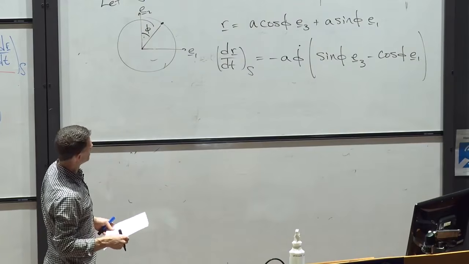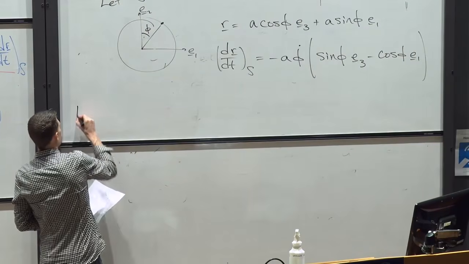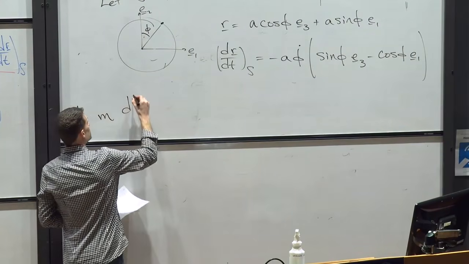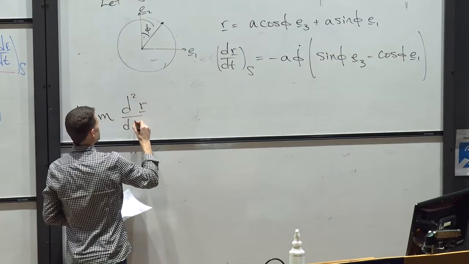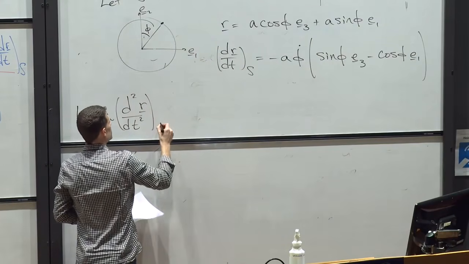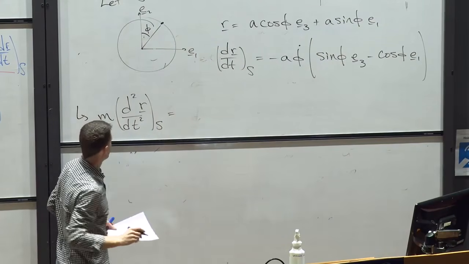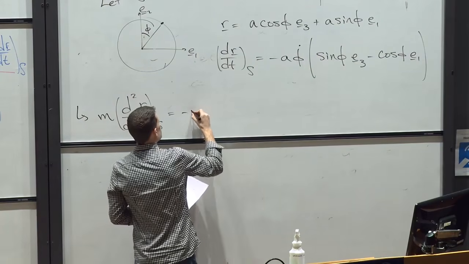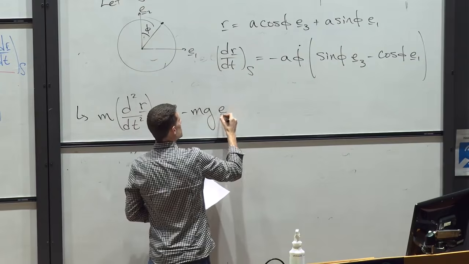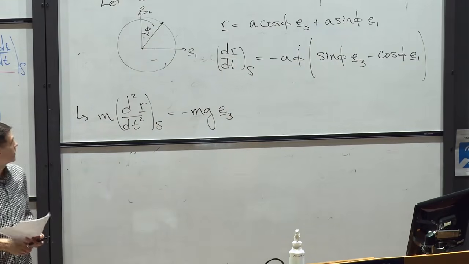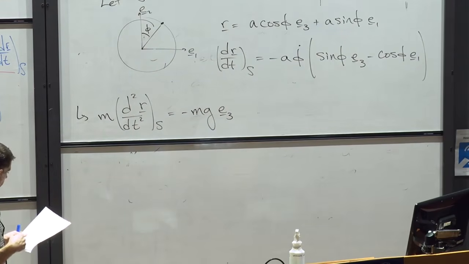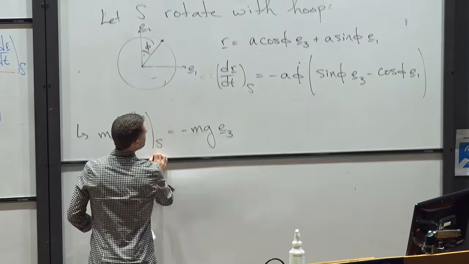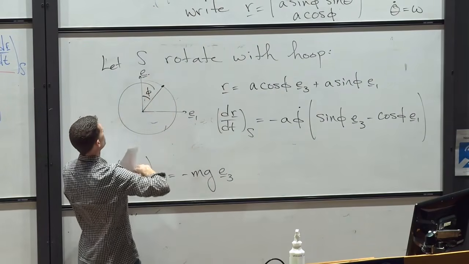And what I need to do to work out the motion of the bead is I need to solve m d squared r/dt squared in the S frame as minus mg E3, right? Sorry, I've used 3's here. That's a 3. I mean that.